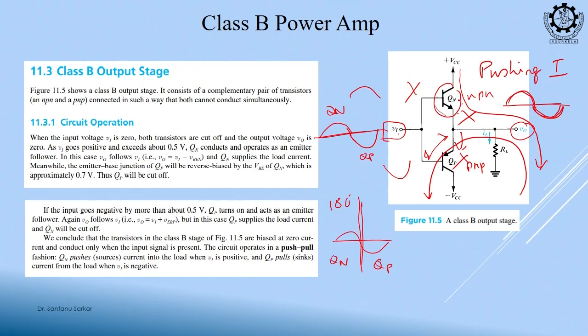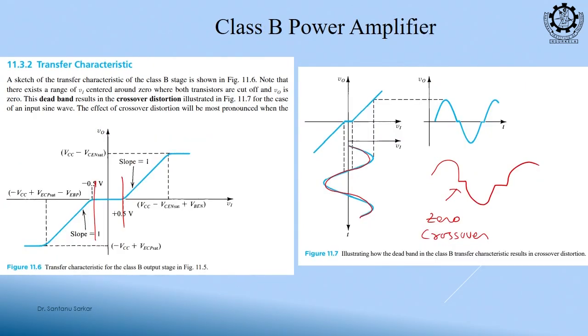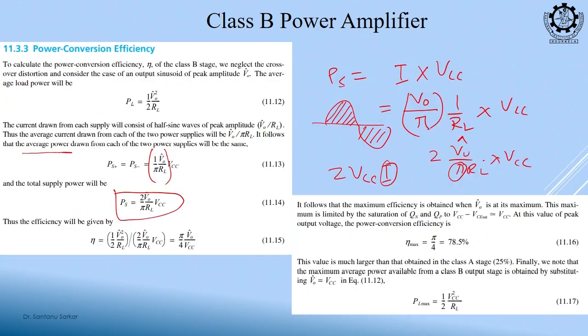So already my power supply that I am delivering is reduced. Previous case I needed to deliver power to both transistors, both cycles, but in this case only one transistor at one cycle. So my supply is already reduced by this amount.